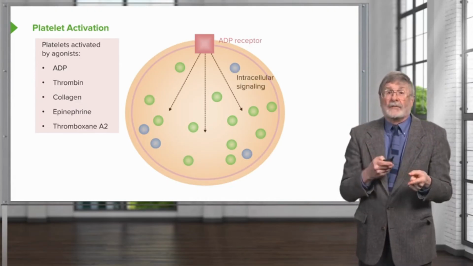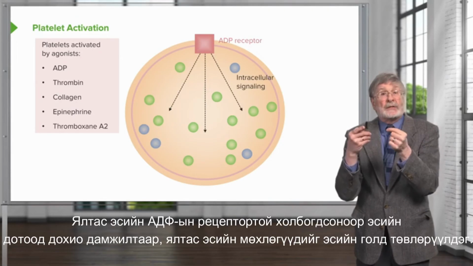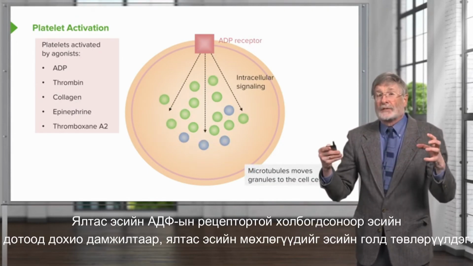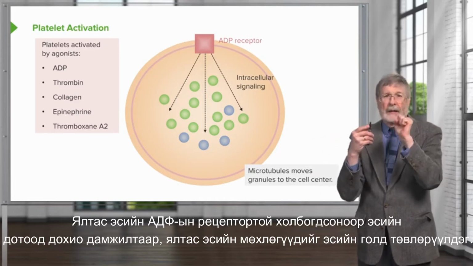Okay, so binding ADP to its receptor gives us intracellular signaling. That calls all of the granules. We have green granules and blue granules.